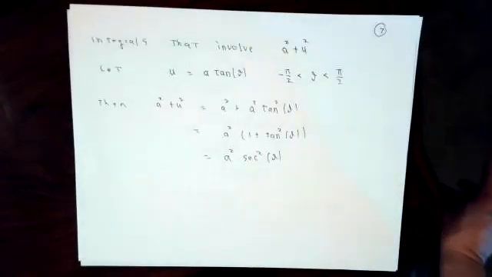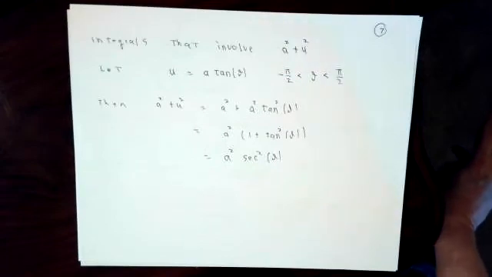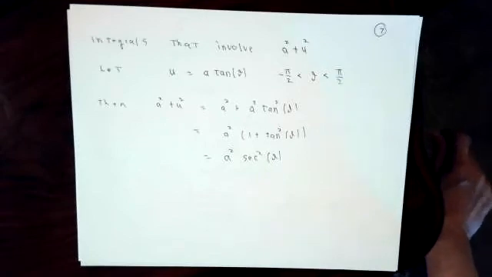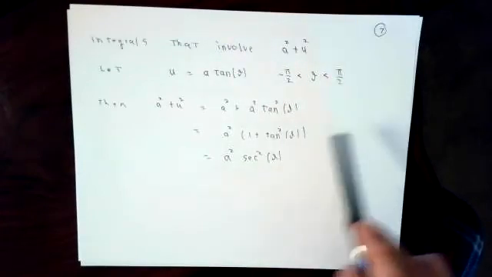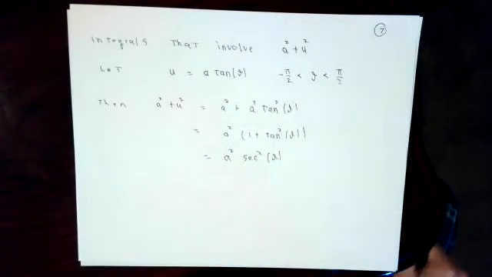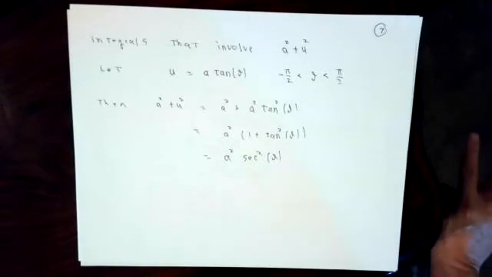If you have integrals that involve factors that look like a squared plus u squared, the substitution that we're going to use is u equal a tangent theta, where theta now is strictly between negative pi over 2 and pi over 2, because the tangent isn't defined at those places.